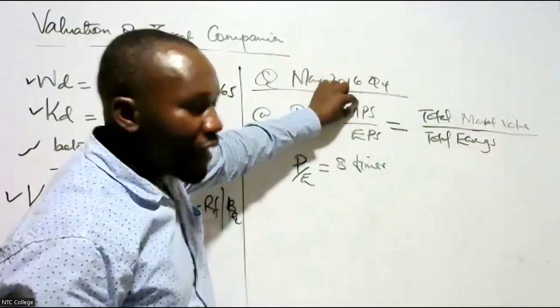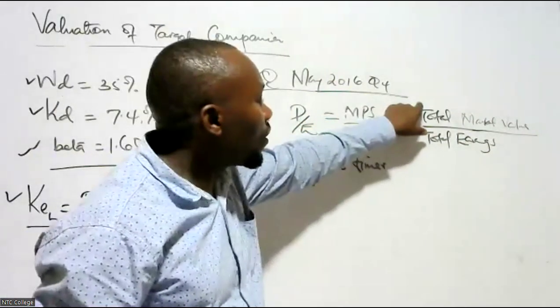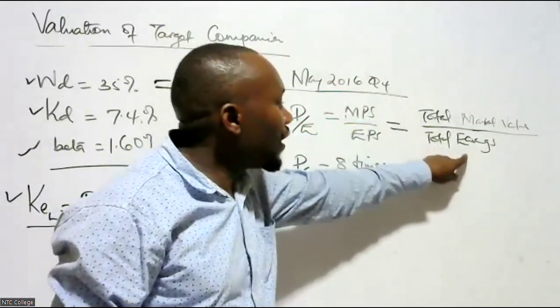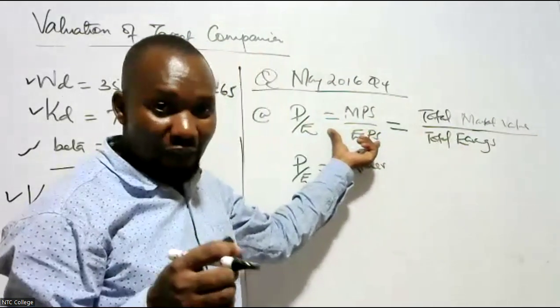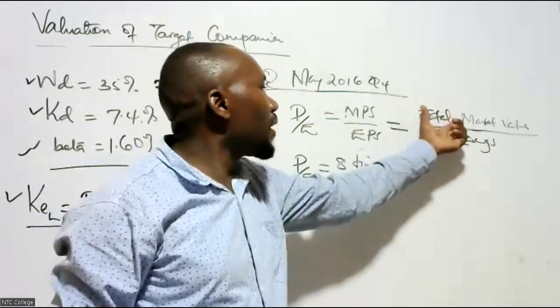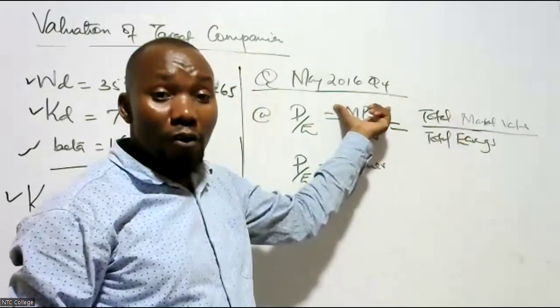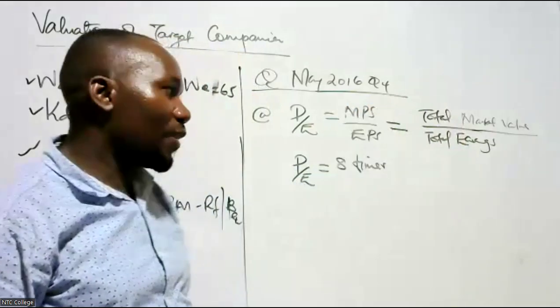This is per share and this is also per share. If you make it total, we now have this one total and this one total. It is only that here we are saying earnings per share for one share, but here we say total earnings. The same thing. Here it is total market value, but here it is market value for one share, market value per share, MPS. So it becomes easy.